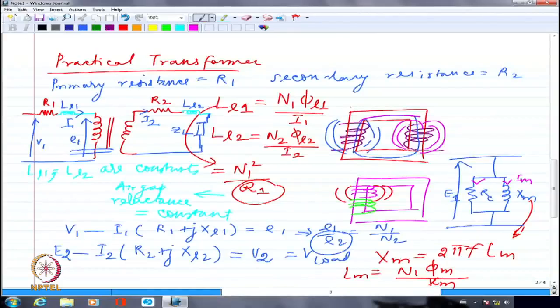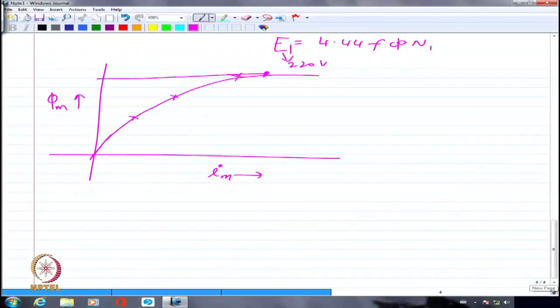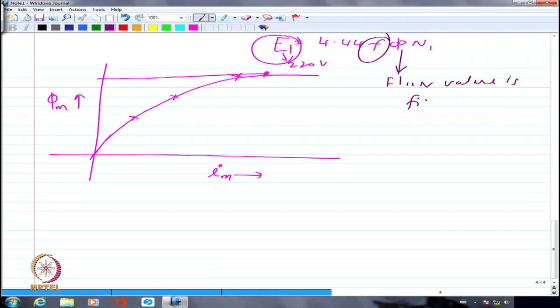Okay. So we said that the voltage rating of a transformer is fixed, and similarly the frequency of a transformer is fixed. So this flux value is fixed. I would say, rather than saying flux value is fixed, the nominal flux value is fixed.